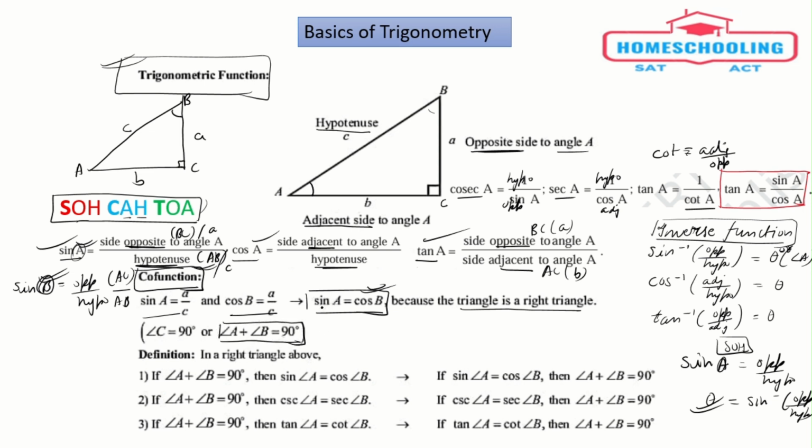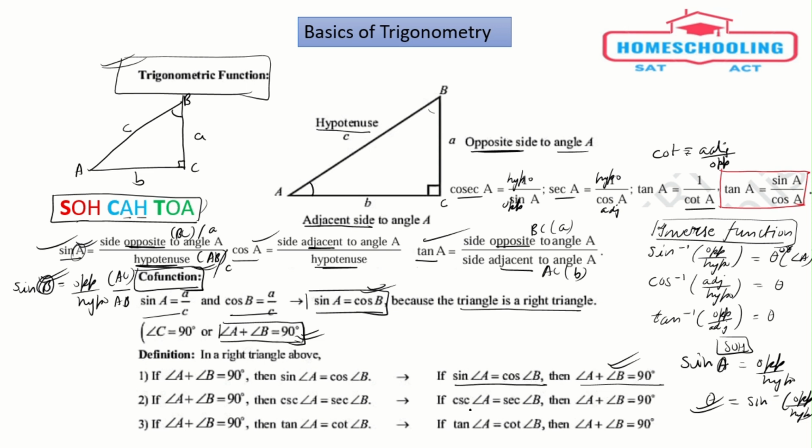So you have to remember, if sine A is equal to cos B, then the sum of these two angles would be how much? The sum of the angles would be 90 degrees. So if sine A is equal to cos B, then angle A plus angle B sum would be 90 degrees.